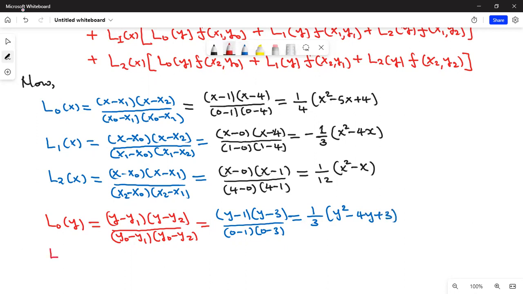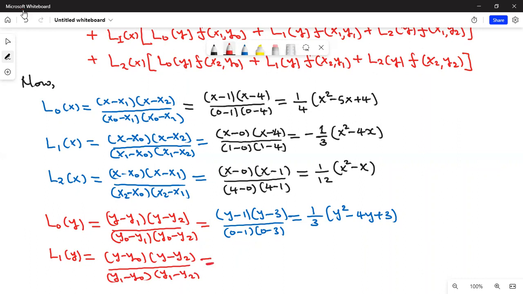Similarly, L1 of y is equals to y minus y0 times y minus y2 over y1 minus y0 times y1 minus y2.